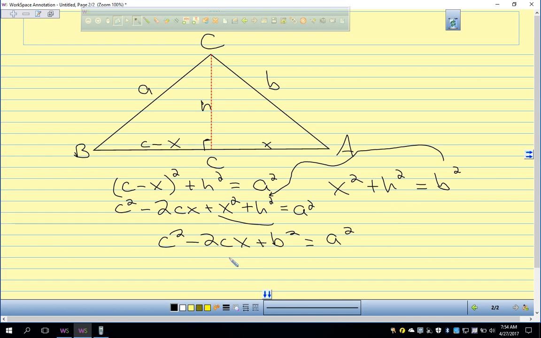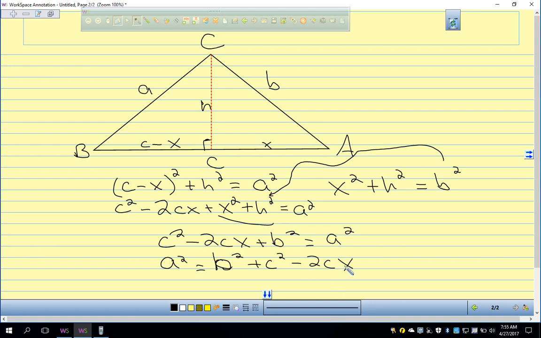And I get that, oh, I'm almost there. I'm going to rewrite, I'm going to bring this over here. I'm going to rearrange things. A squared is equal to B squared plus C squared minus 2CX. It's starting to look like the law of cosines.